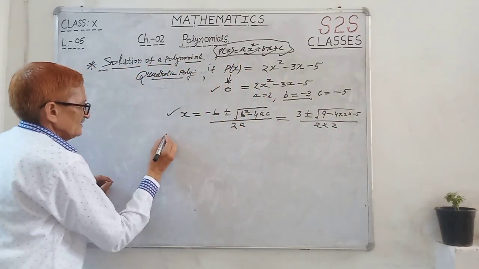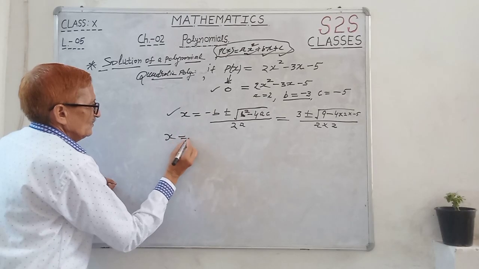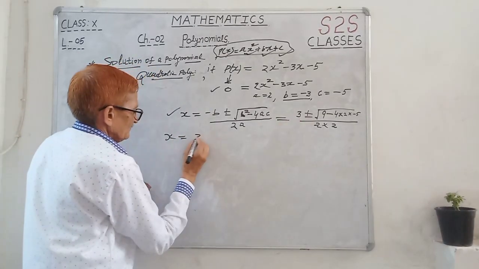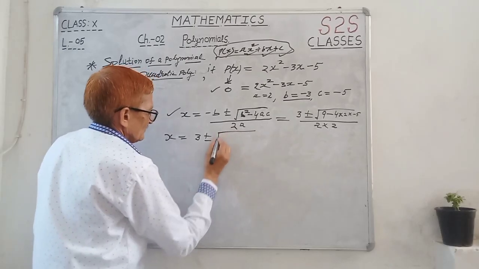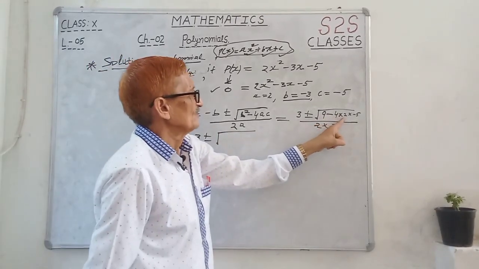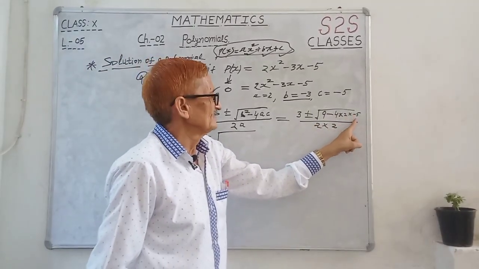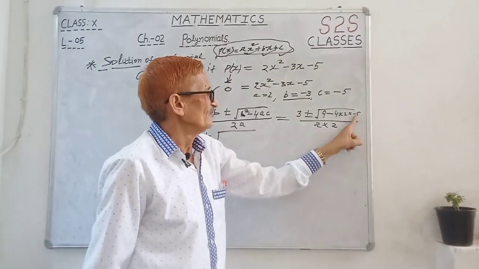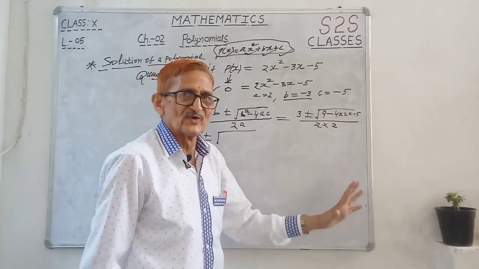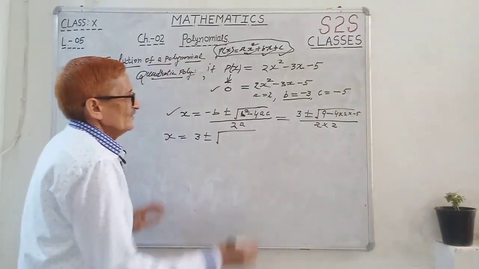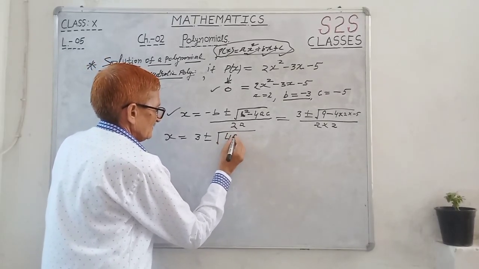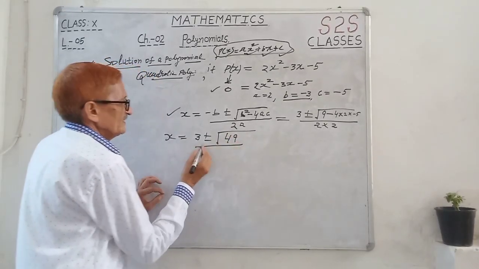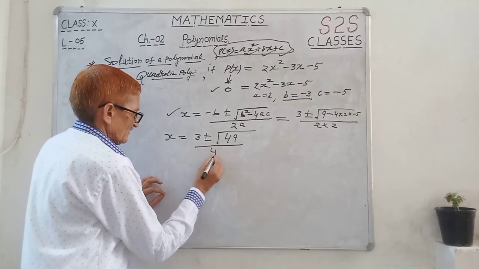Now simplify, so x is equal to 3 plus minus square root, 4 twos are 8, 8 fives are 40, minus minus multiply plus 40. 9 plus 40 is 49, upon 2 twos are 4.